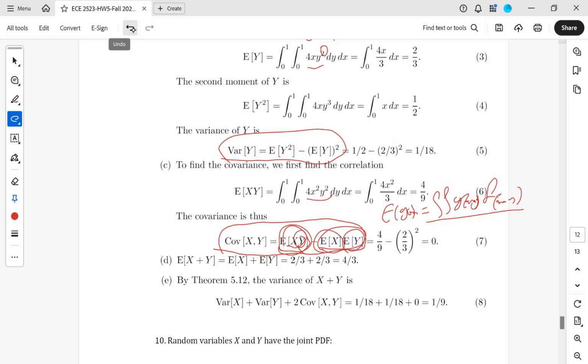You know f of x and y is 4xy, and the function is x times y, so you could see they are multiplied into that formula. Do the integral and you have your expected value of xy. Is that clear? Are we good? Now that you have the expected value of xy, and you already calculated the expected values of x and y in the previous part, you could calculate the covariance, which coincidentally here is equal to 0.